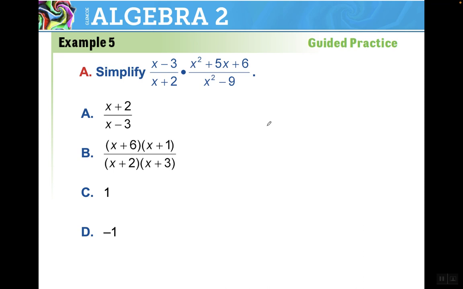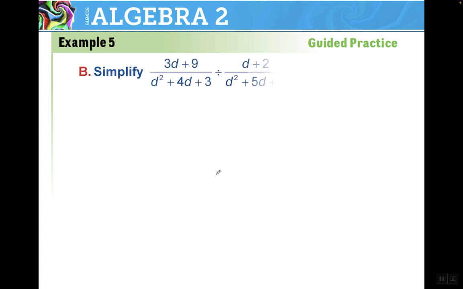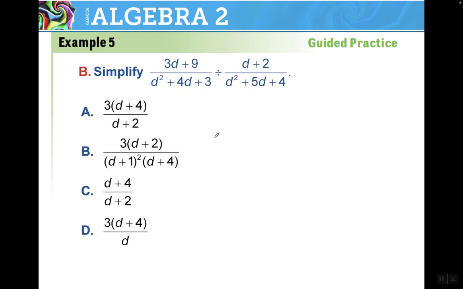Okay, I'll let you do this. Looks like all those factors cancel out, and you should have got 1. And you can do this one as well.